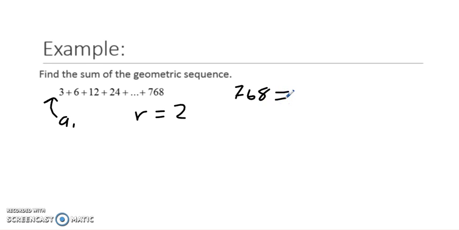The first term in the pattern is 3, and R is 2. So my next step here would be to divide both sides by 3.